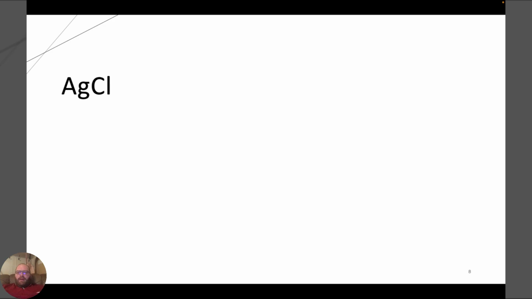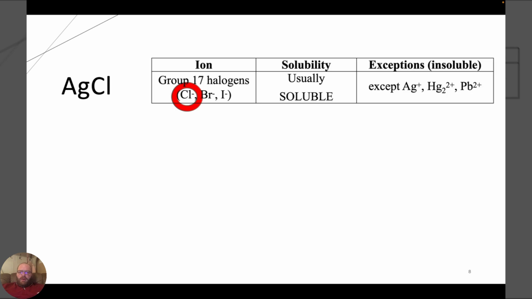Next, we have silver and chlorine. Silver is not on that first column anywhere, but chlorine is. Chlorine is in that third row, I believe, with the halogens. So chlorine is right there, normally soluble, unless it's mixed with Ag, Hg, or Pb. This one is mixed with Ag. So if it's usually soluble and the exception is met, that makes it insoluble.